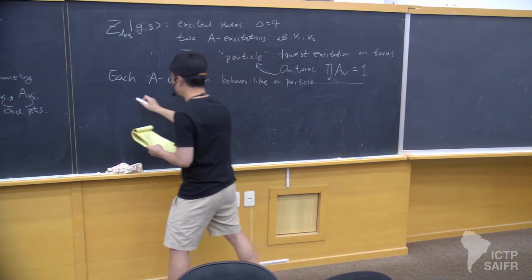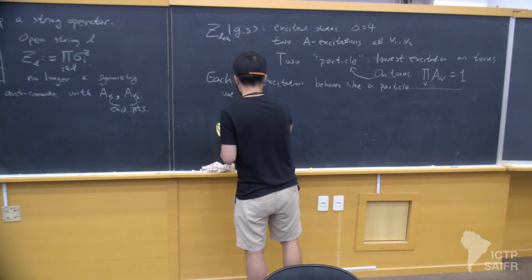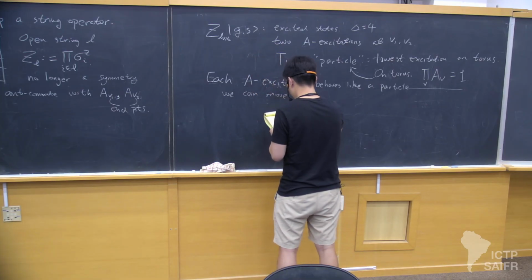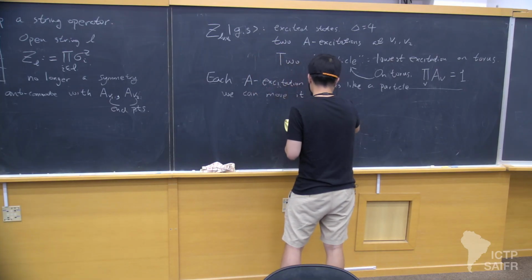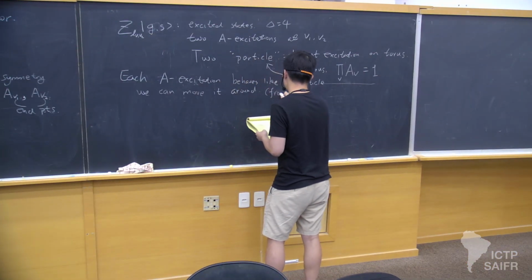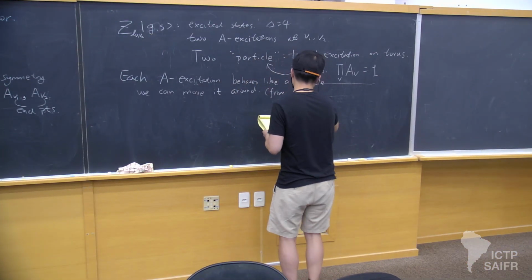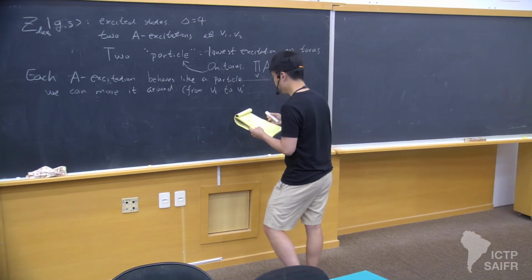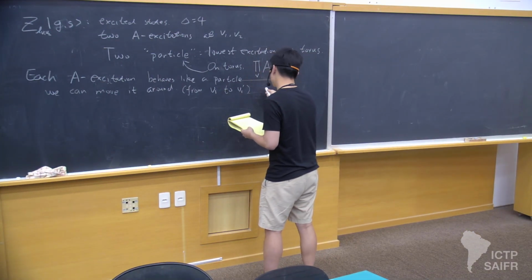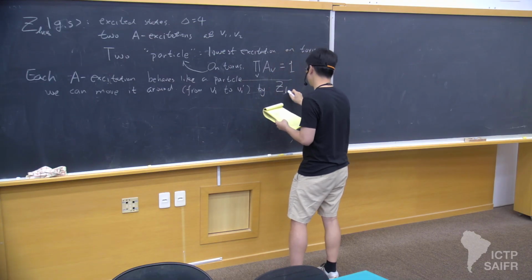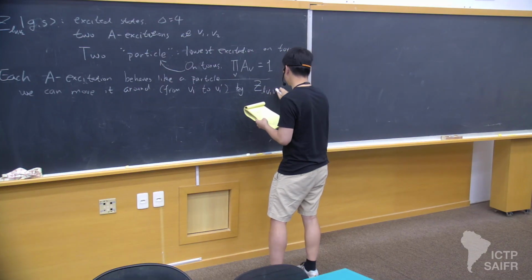It turns out we can move this particle around, let's say from V1 to V1 prime, through a loop operator, actually using the same kind of operator that creates the excitations.